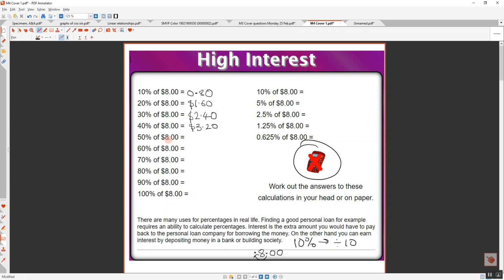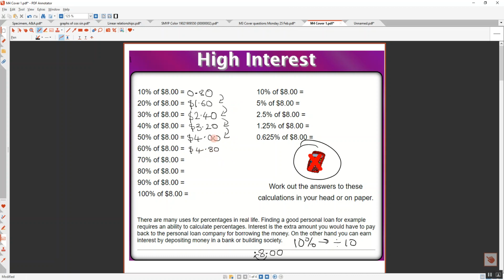50% of $8 is, well, 50% is half of $8, which is $4, which hopefully everyone got. We should be able to notice each time that we're going up by how much each time? We're going up by the 80 cents each time. So 60% is going to be $4.80.